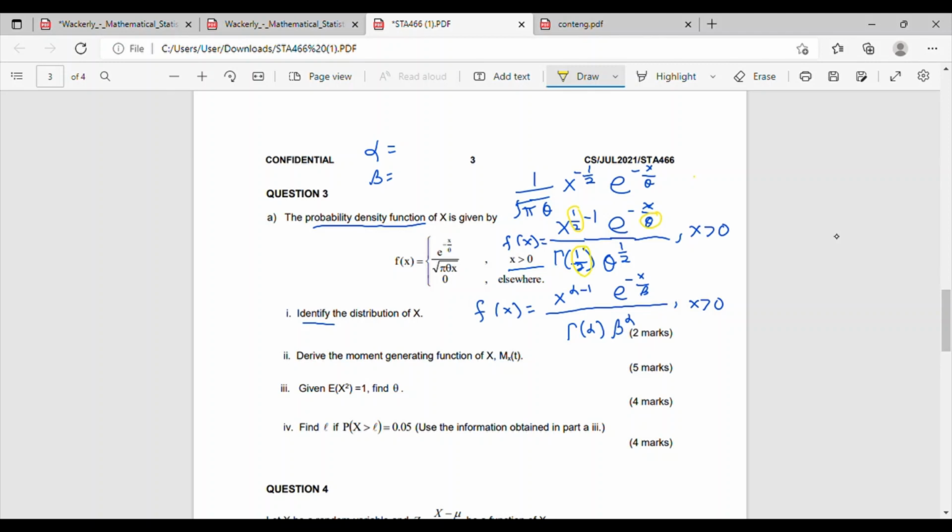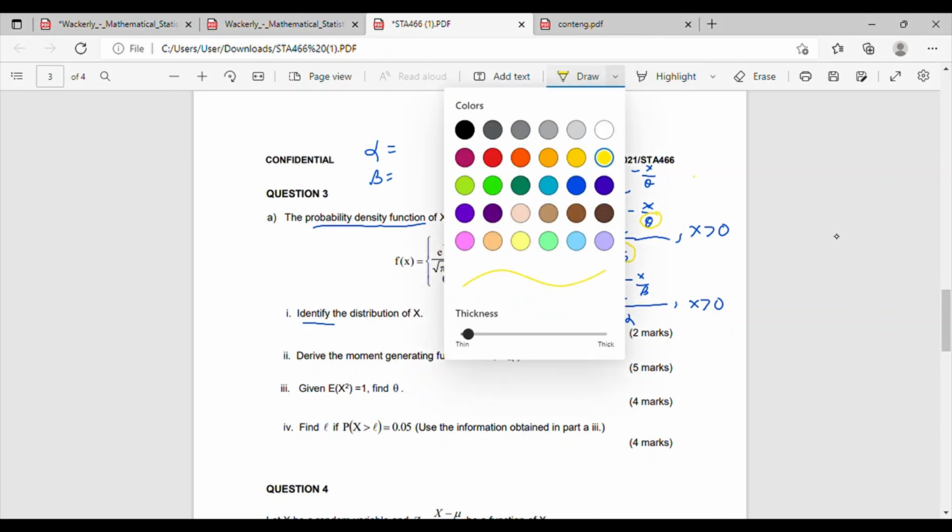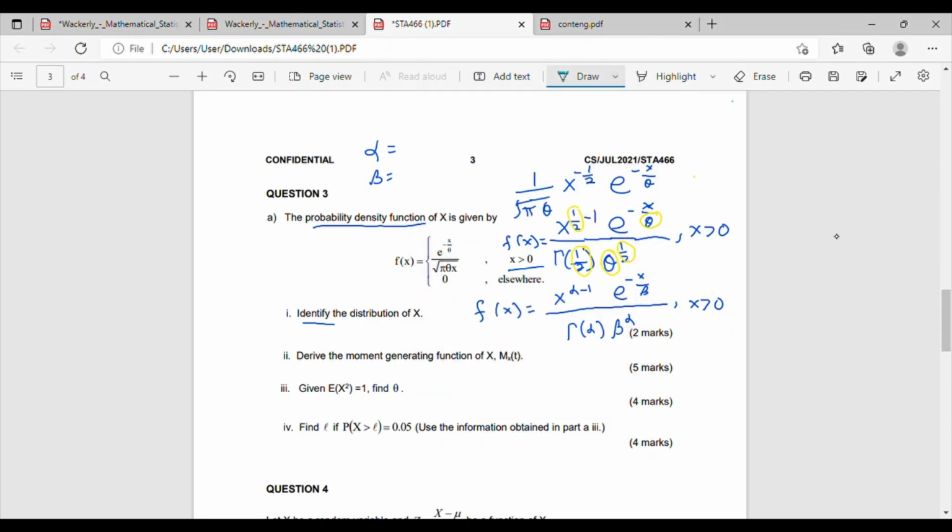This is alpha, this is beta, this is alpha. Correct? So actually alpha adalah 1/2 and beta equal to theta.